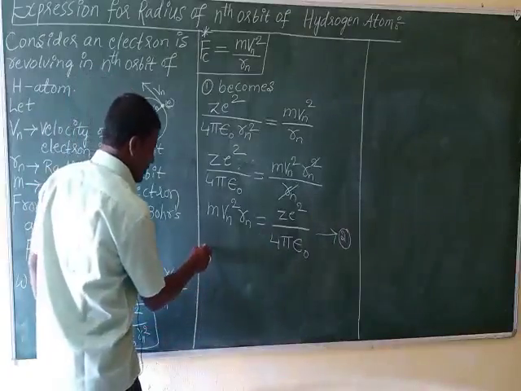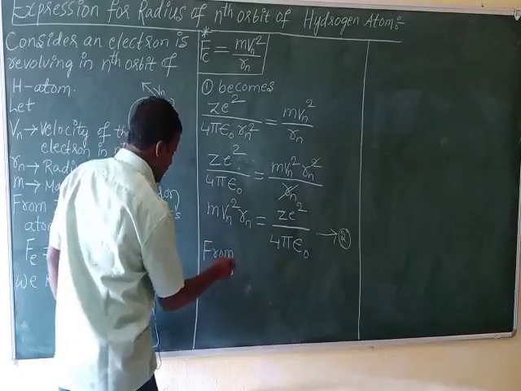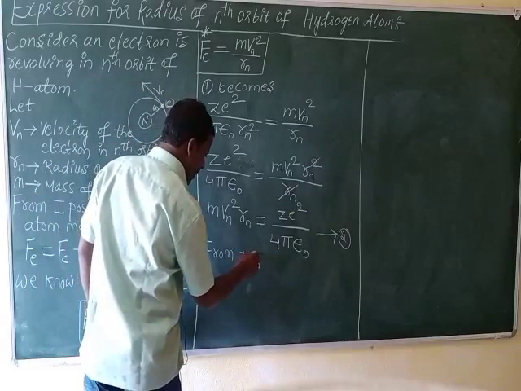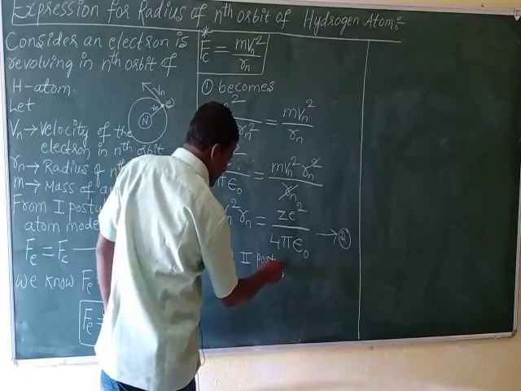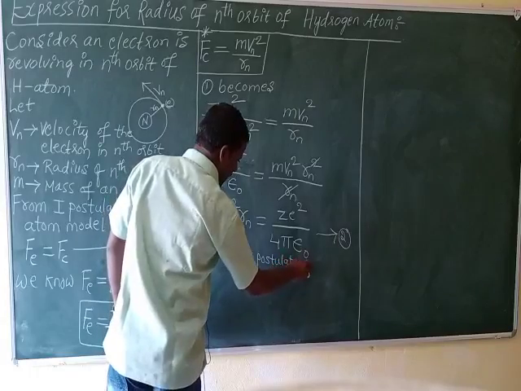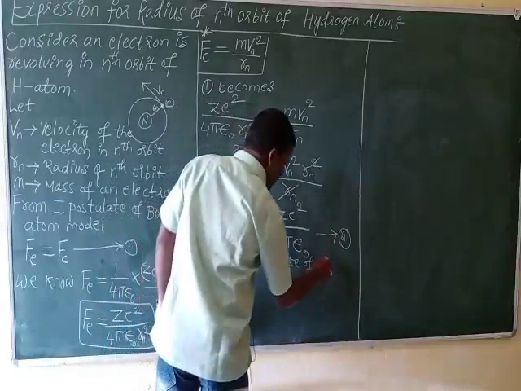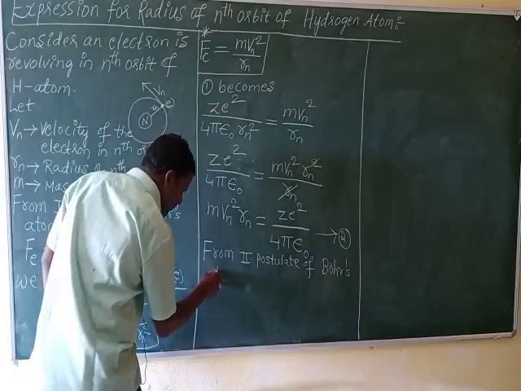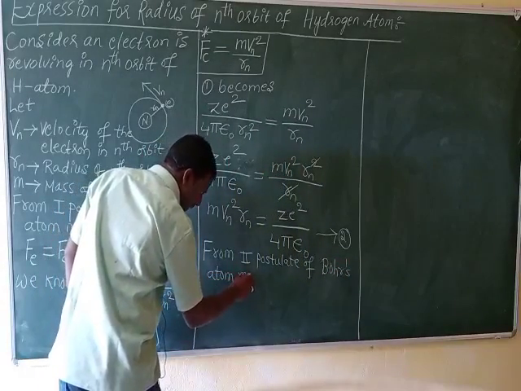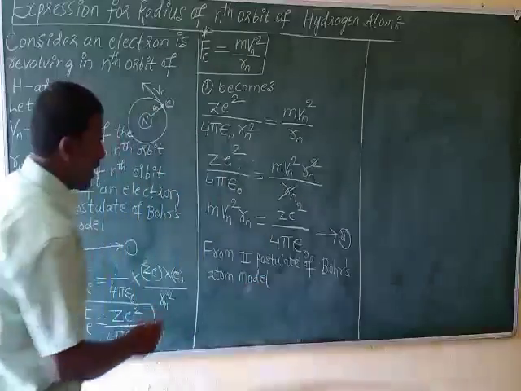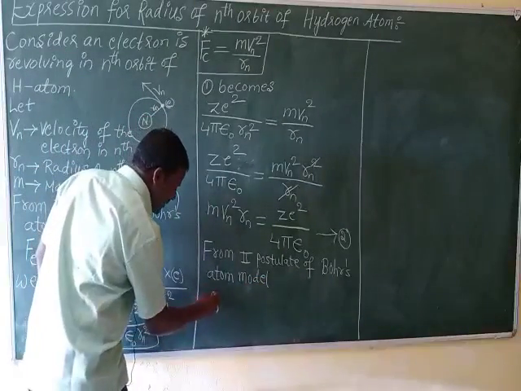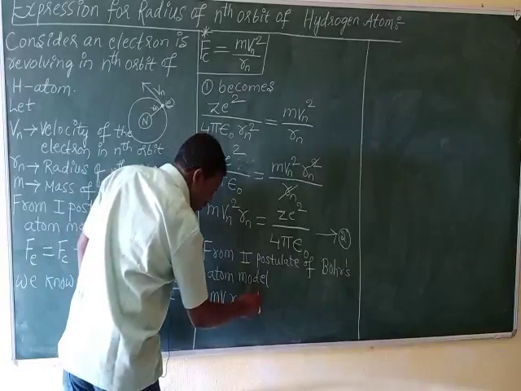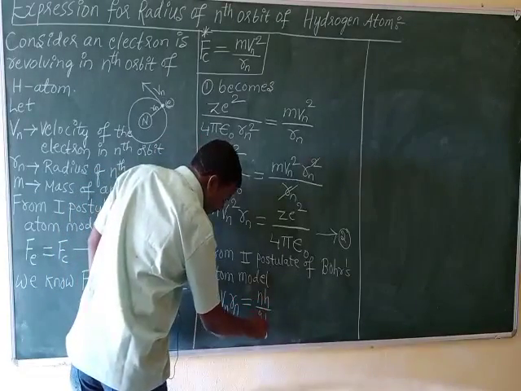Now from the second postulate of Bohr's atom model, what does it say? The formula m vn Rn equals nh by 2 pi.